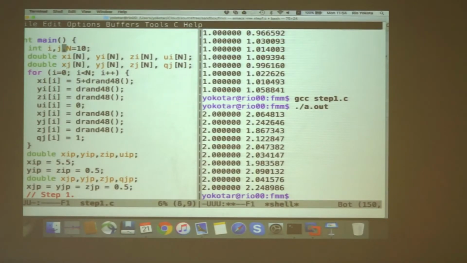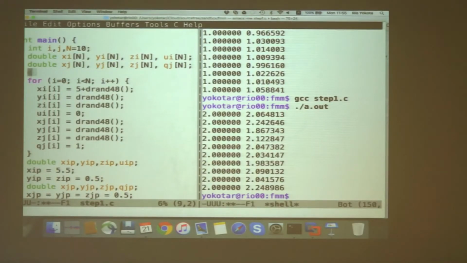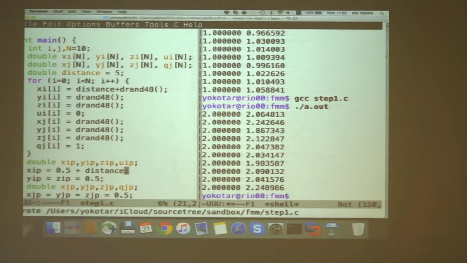Why don't I just change this into a variable so that I don't have to change 2 places? Okay, so now I'm going to change this distance to 2, which should make the solution quite inaccurate.